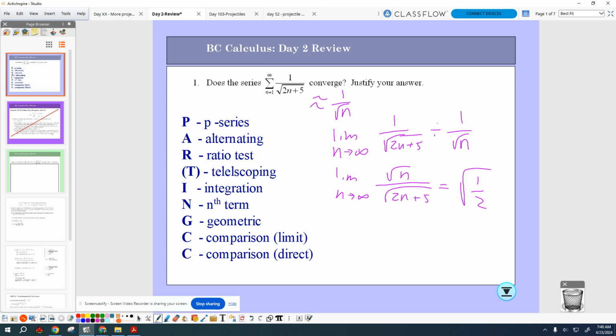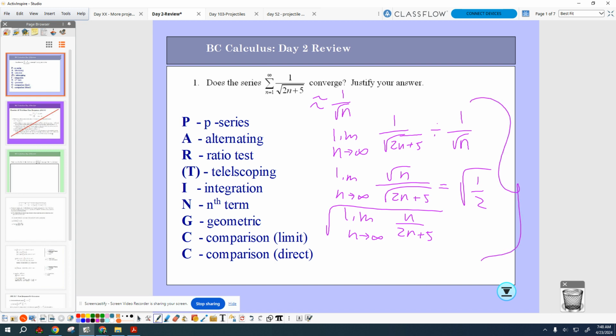You can put a square root over both of them, move the limit inside, and that goes to the square root of a half. What does this comparison test tell us?